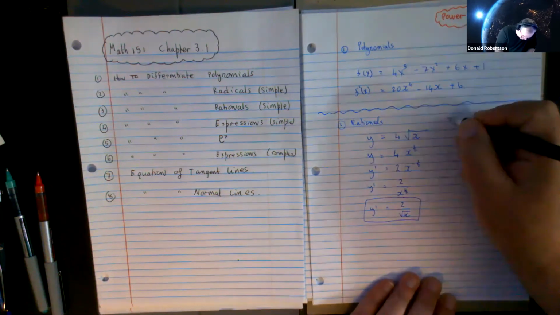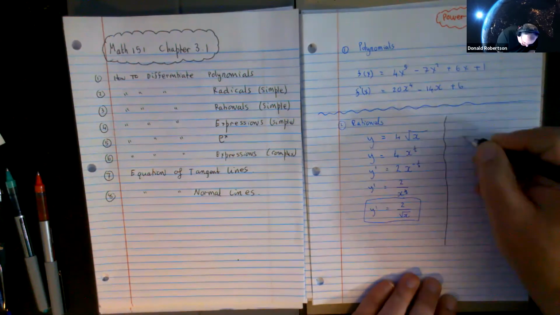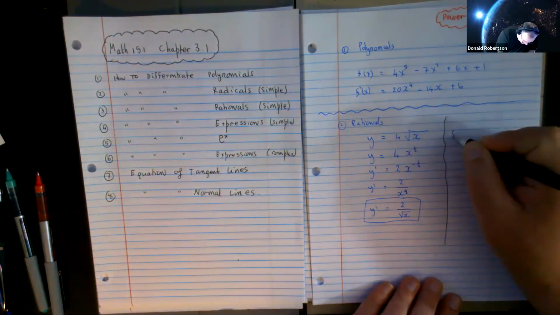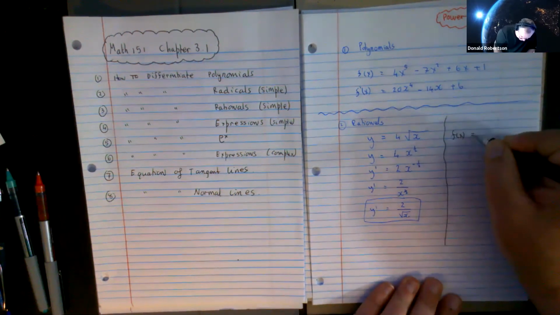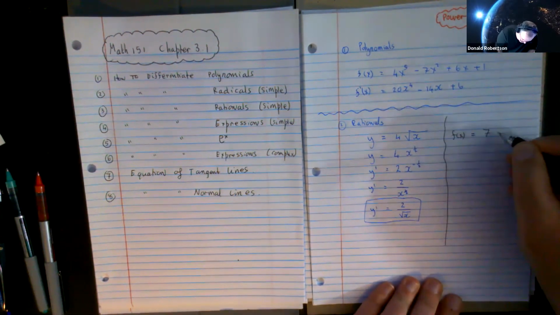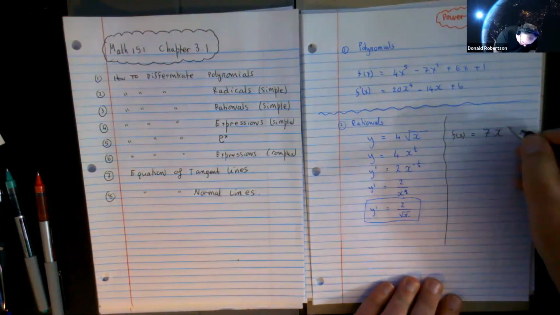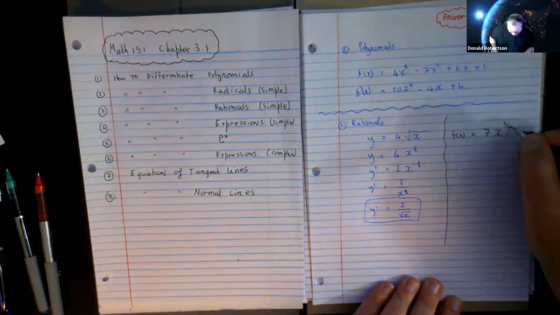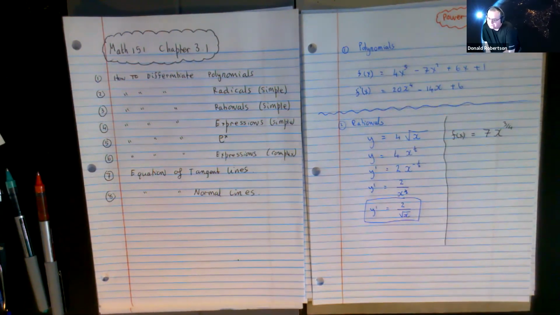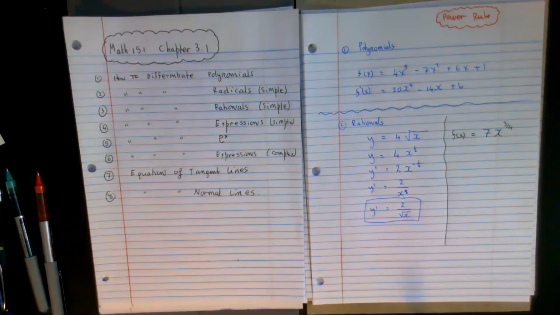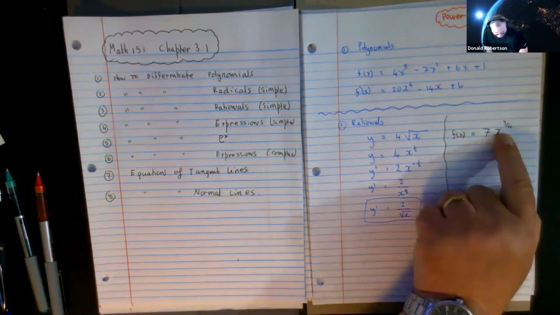Now, let's show you a different kind of rational question. Let's do f of x equal to 7x to the power of 3/4. Now that is also an irrational expression, a radical, I should say, expression.